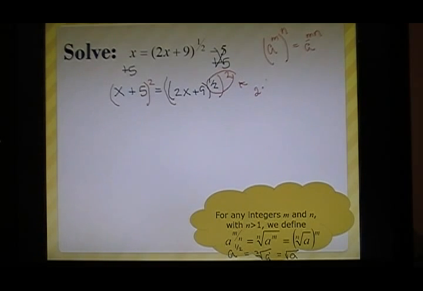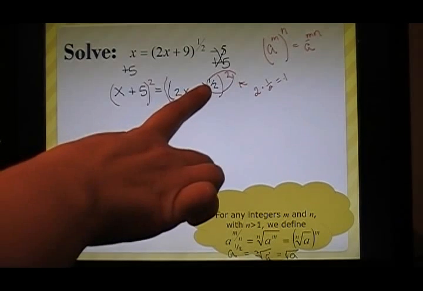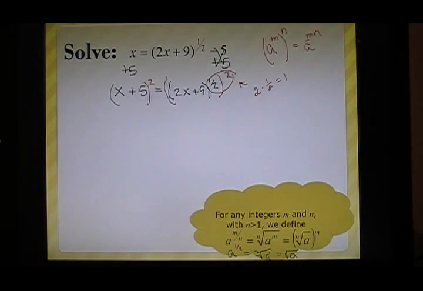If I multiply 2 by 1/2, I get 1. So squaring, when it's to the 1/2 power, basically gives you just the 2x plus 9. So we have x plus 5 squared, so times x plus 5 equals 2x plus 9. Now we can go ahead and square. On the left-hand side, we'll get x squared plus 10x plus 25 equals 2x plus 9.